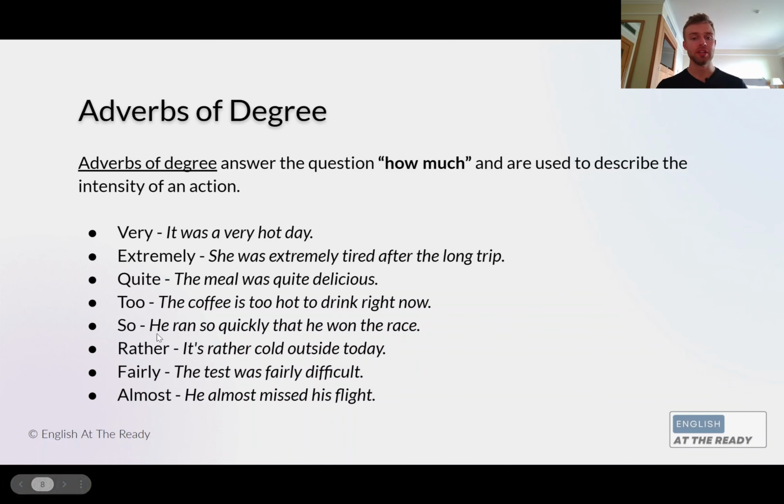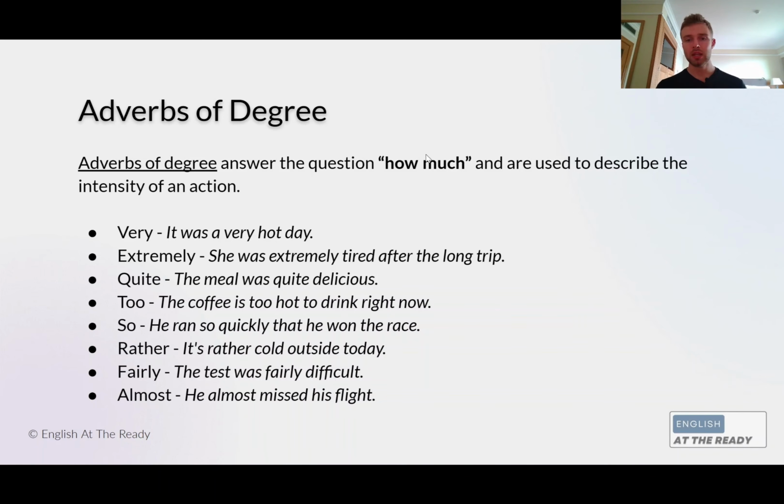So, he ran so quickly that he won the race. Rather, it's rather cold outside today. Fairly, the test was fairly difficult. Almost, he almost missed his flight.